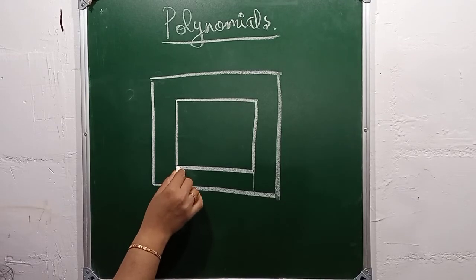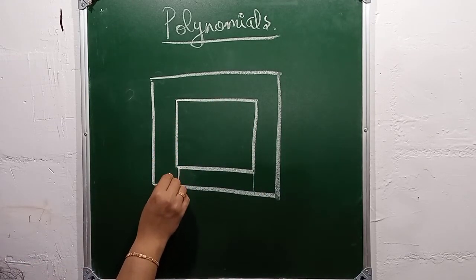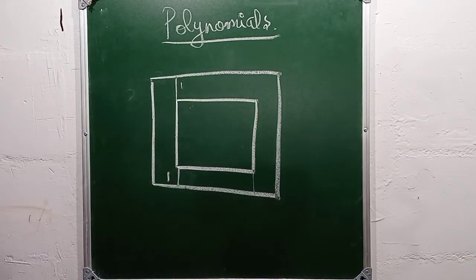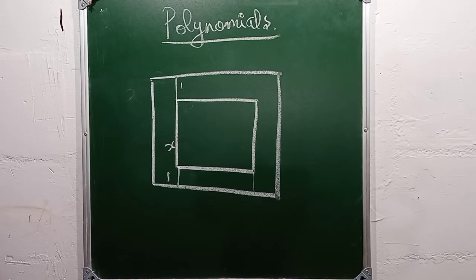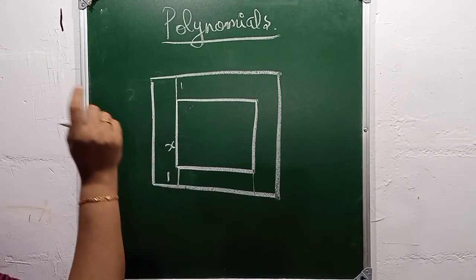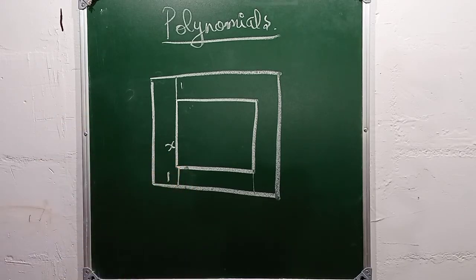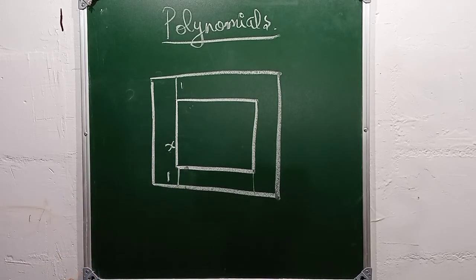That means this length is 1 and this distance is also equal to 1. So first I am going to let the sides of the small square be x.